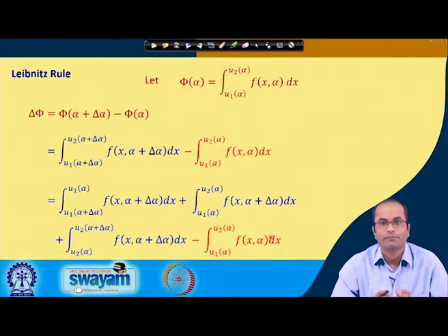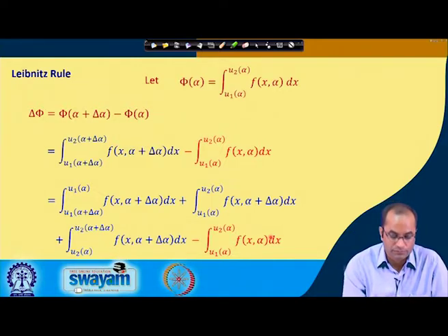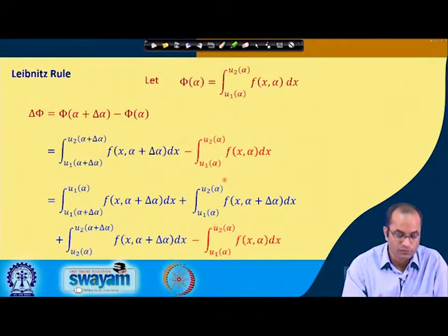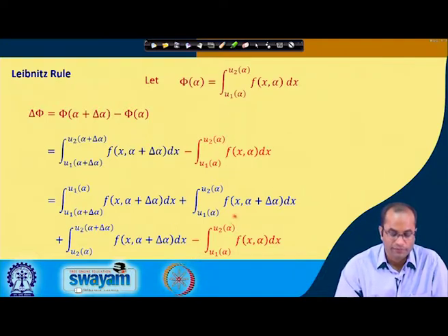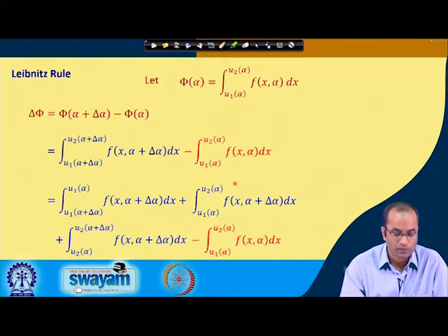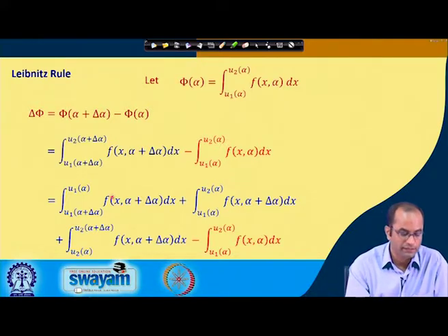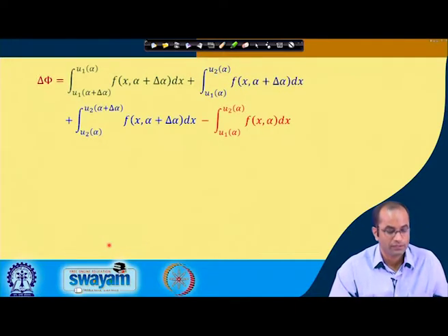So, now we will combine the similar terms. Here we have the same limits, u 1 alpha to u 2 alpha, here also u 1 alpha to u 2 alpha. So, these two terms we will combine, and we will have the integrand f x alpha plus delta alpha minus f x alpha. Then we will have these two terms as well.